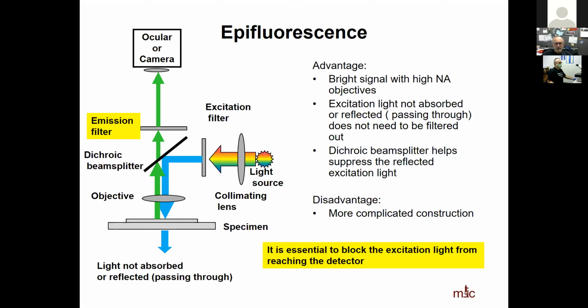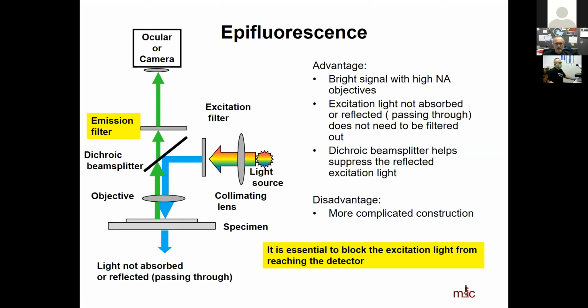We illuminate the sample. Lots of photons just go through, but some get absorbed, and lots of them also just are reflected back. We don't want those because we want the much weaker, slightly longer wavelength fluorescent signal.